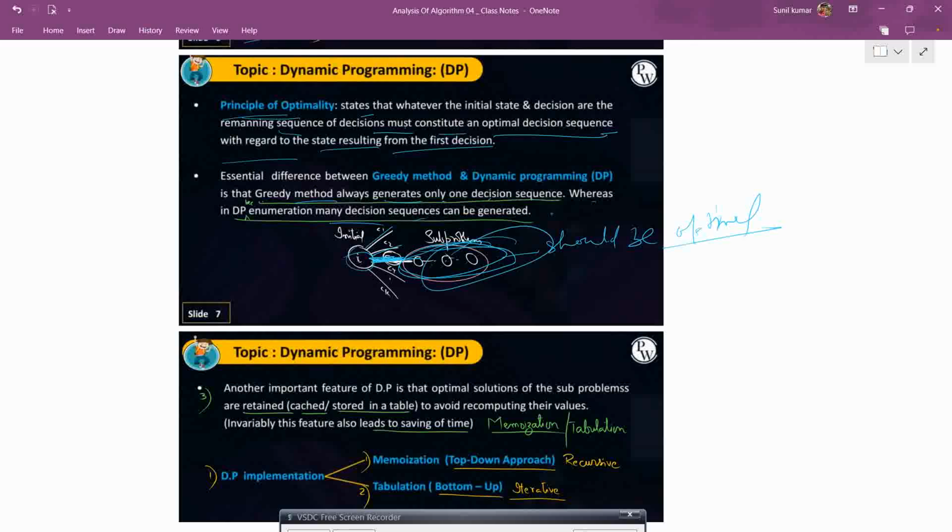Then before making this decision, we make this also optimal. This is how the principle of optimality works.